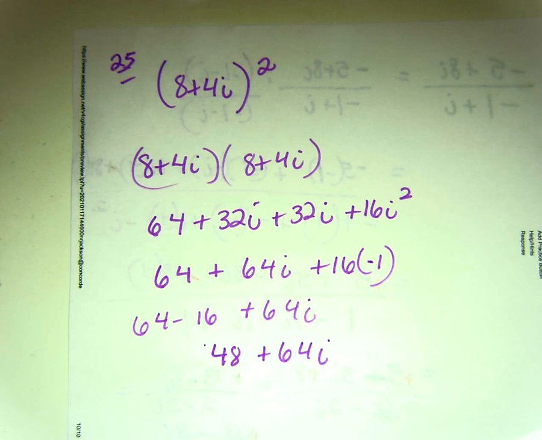So now you have 64 plus 64i plus 16 times negative 1, because remember, i squared is negative 1. Combining this, 64 minus 16 is 48. Bring down your 64i. Final answer is 48 plus 64i.